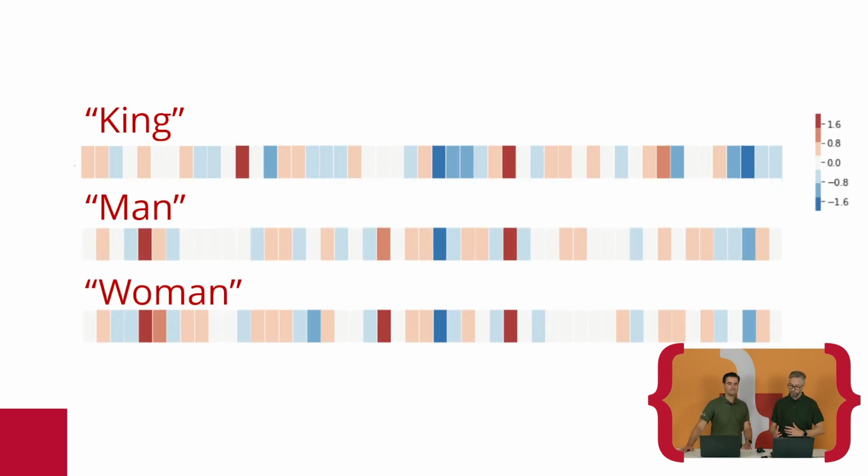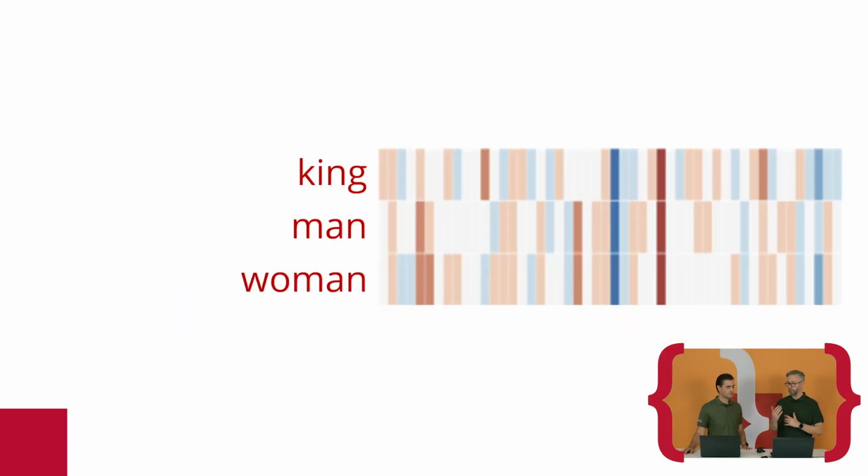And then you see that man and woman are quite related. You see some different colors, but most of them are quite similar. Yeah. And king might be a little bit more towards men than towards women. But you see already that man and woman are quite related because we were talking about gender and those kind of things.